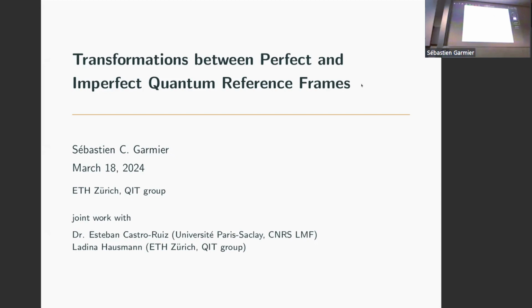This is one particular approach to quantum reference frames. There are many different approaches, and the approach you'll see today is one that is particularly motivated by quantum information theory.